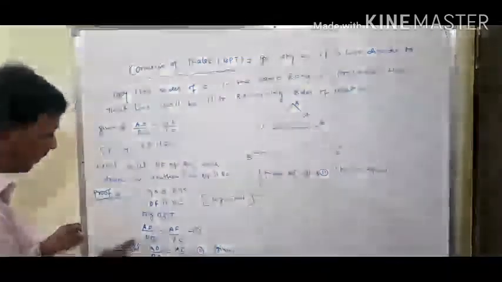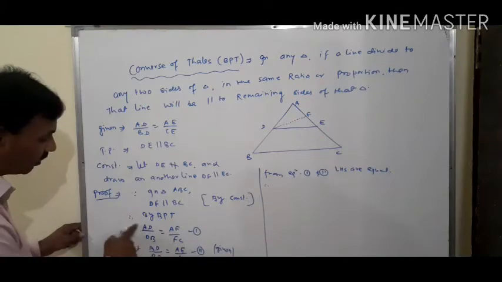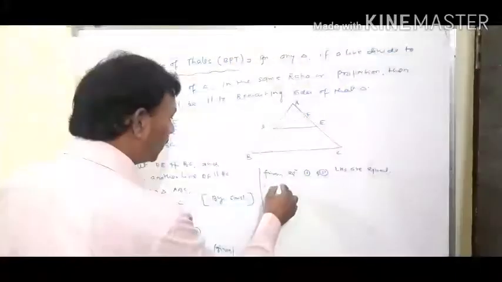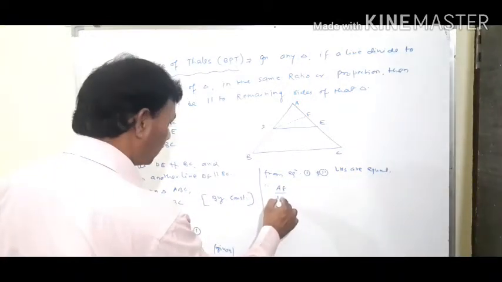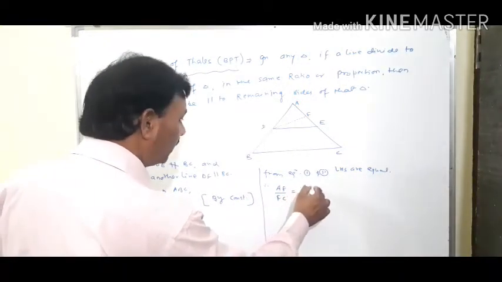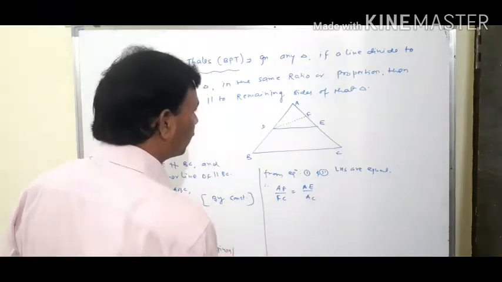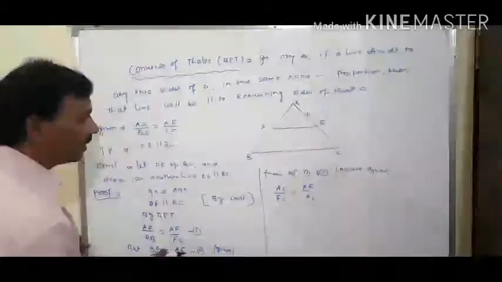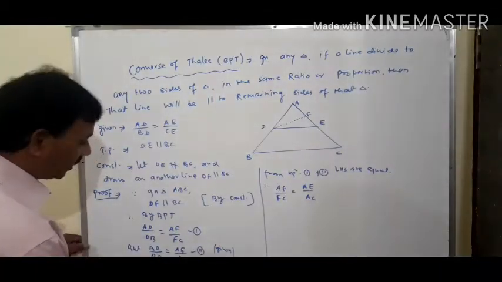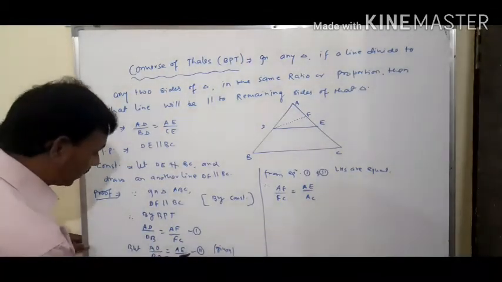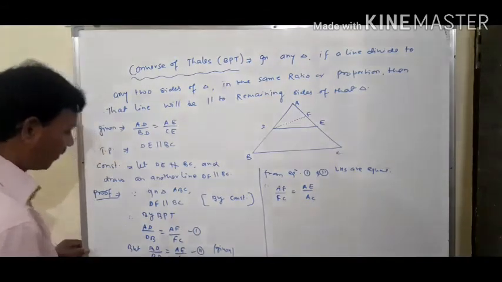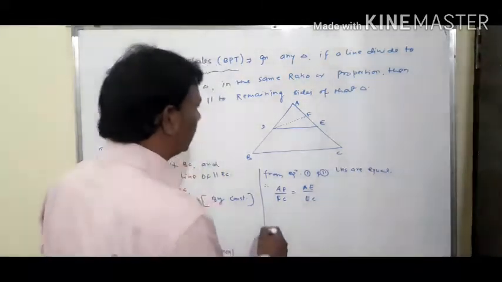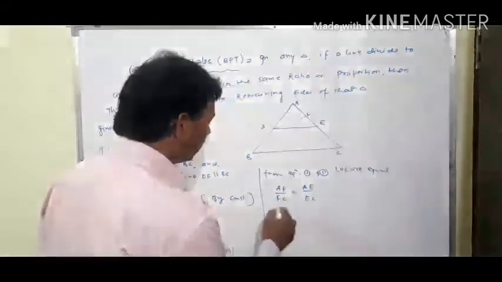Therefore, if the LHS of equations 1 and 2 are equal, then the RHS are also equal. Therefore, AF upon FC equal to AE upon EC.